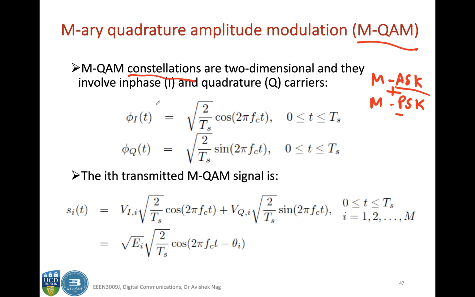So if you have a two-dimensional signal space defined by this phi I and phi q, you have this cosine function and the sine function. This is equivalent to phi 1 and phi 2, but we call it I and q to say that this is in phase and quadrature.